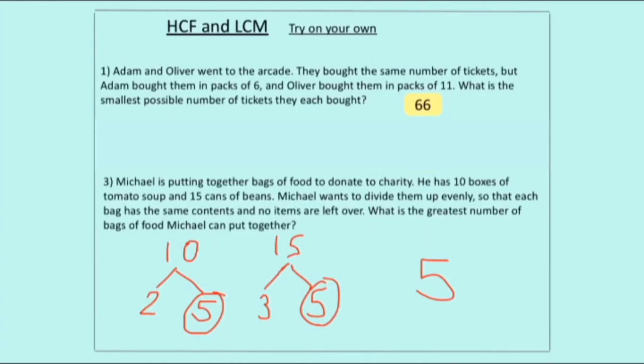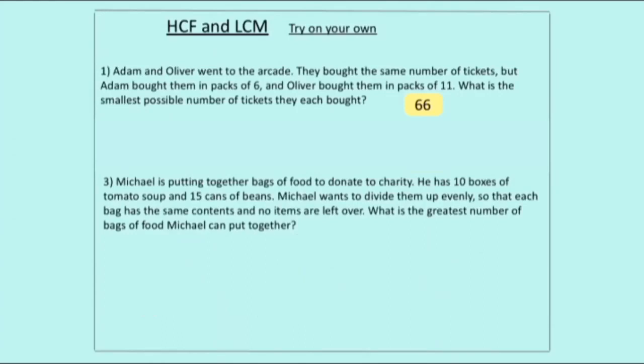Now since there is no other number which is shared between these two numbers, it is safe to say that 5 is the highest common factor of 10 and 15. Therefore, the greatest number of bags of food Michael can put together is 5. So we check the answer and it is correct again. 5 is the answer for the third question.